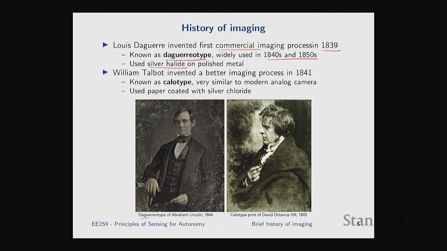Here's an exceptional portrait of Abraham Lincoln done as a daguerreotype. There are lots of tricks in daguerreotypes, but they still required long exposure times, so the subjects needed to stay perfectly still for minutes, sometimes less.